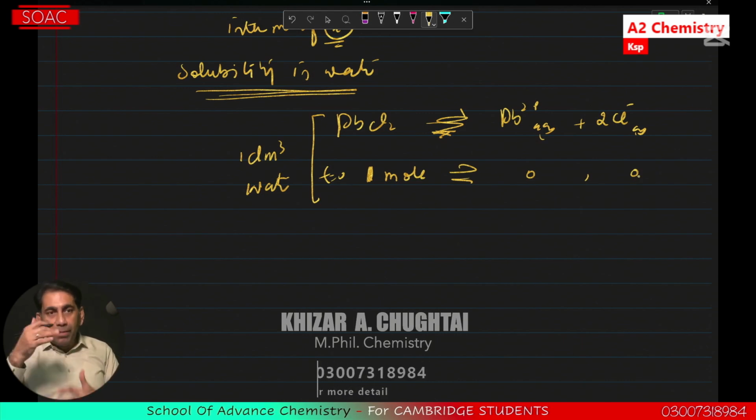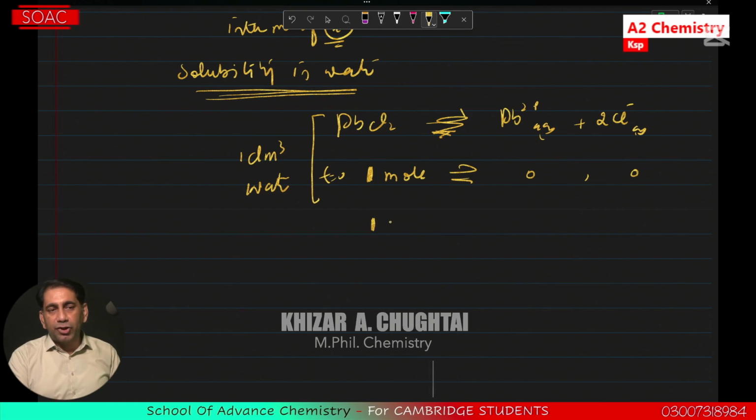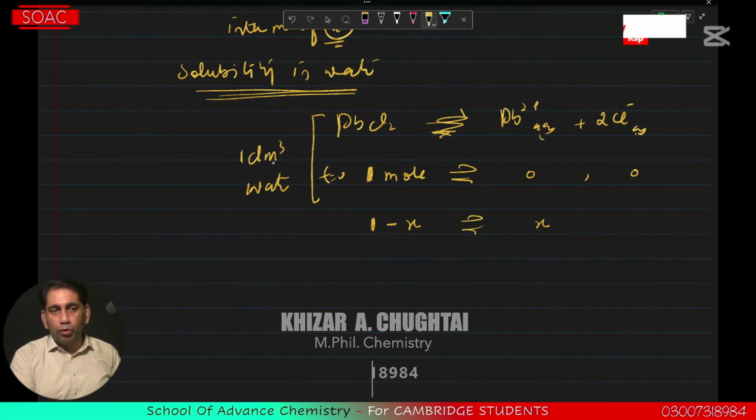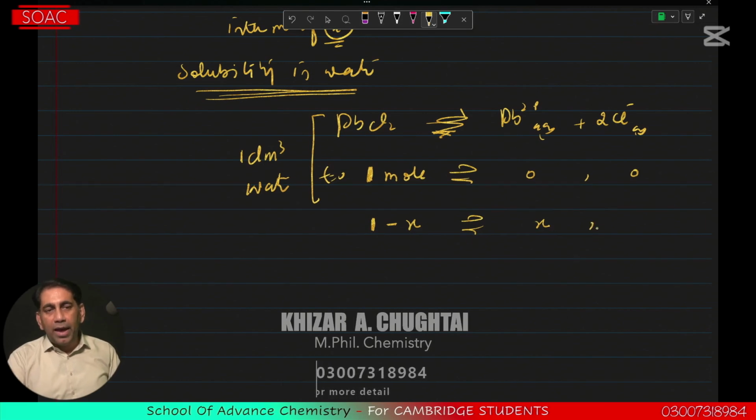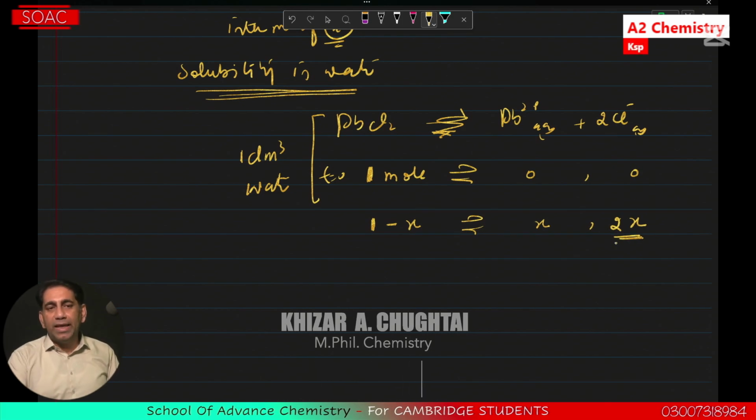But when equilibrium has been reached, when a saturated solution has been formed, the concentration will be 1 minus X, and X mole per dm³ of Pb2+, and 2X mole per dm³ is the concentration of Cl- ion.